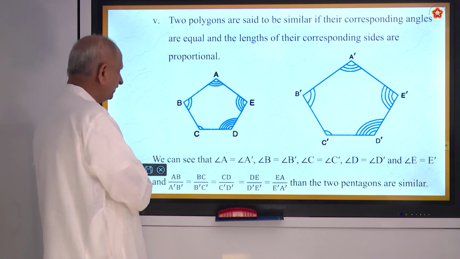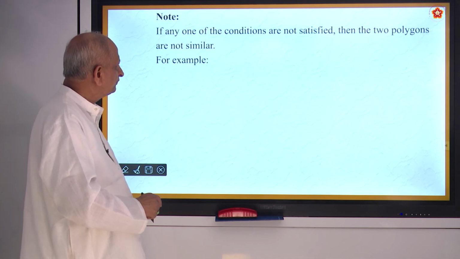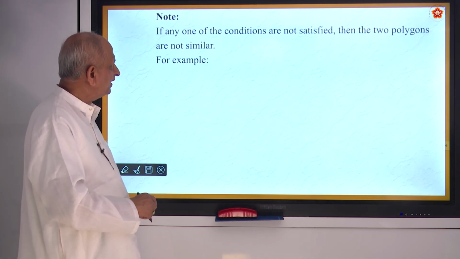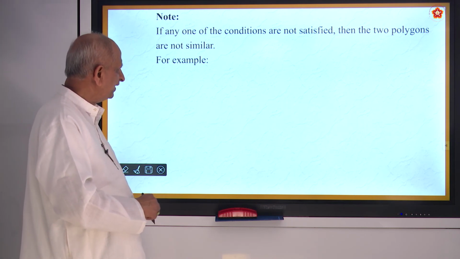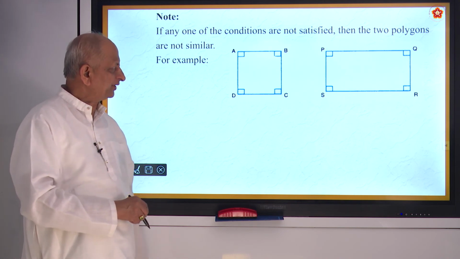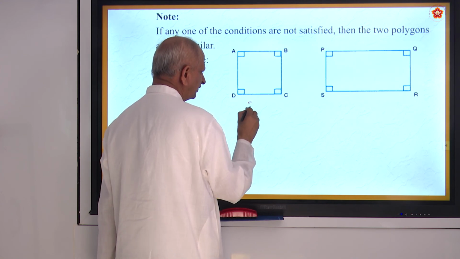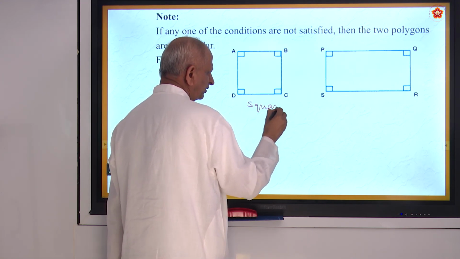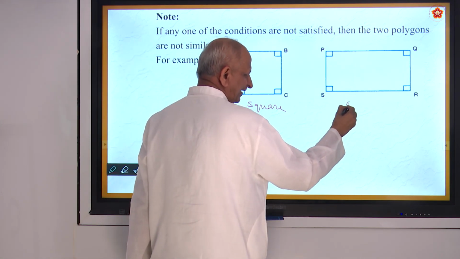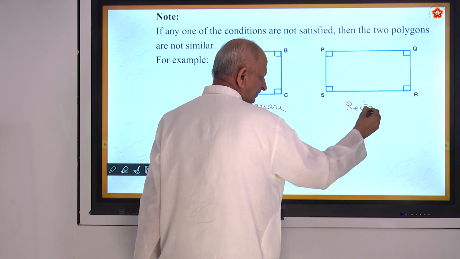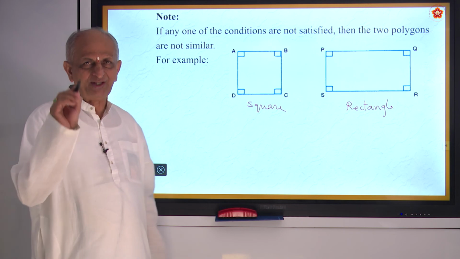Now let us concentrate on similarity. If any one of the conditions is not satisfied, then the two polygons are not similar. For example, here are two polygons. What is the name of this? This is a square. What is the name of this? Come on, anybody? Yes, it is a rectangle. Here you see angles are equal.